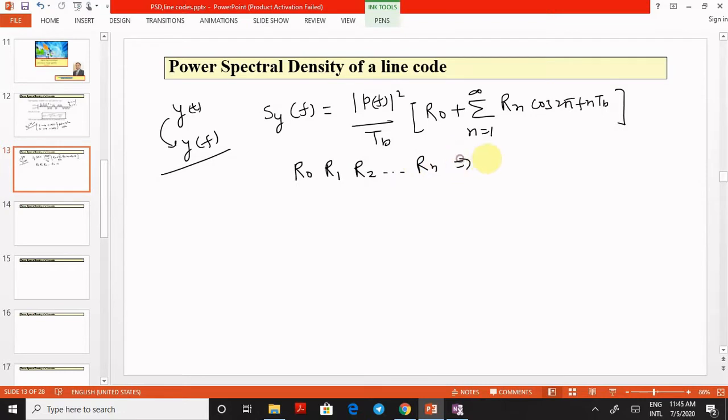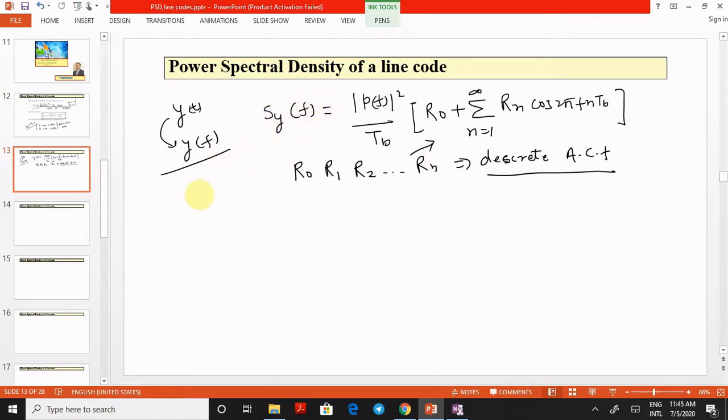We know that these are nothing but discrete autocorrelation functions, and we have to calculate their values. After calculating these values, we put them into this equation to get the power spectral density of a particular line code.